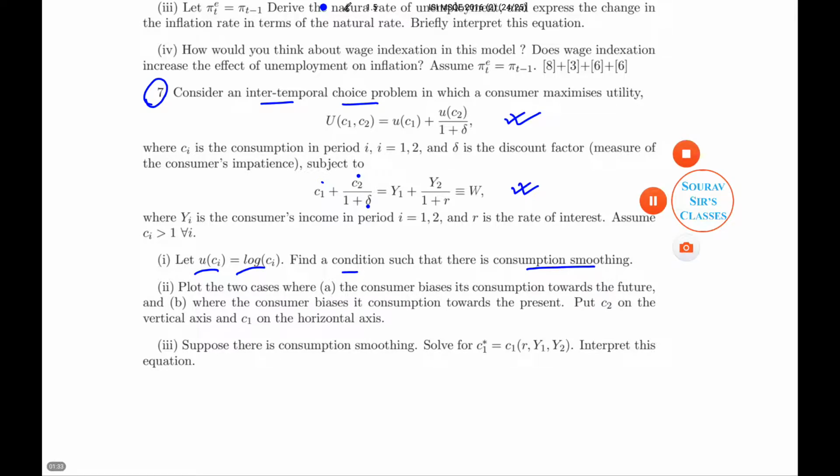Let's do this. First, before starting, we shall rewrite the maximization problem. Because it is a consumer, it's a utility maximization problem.